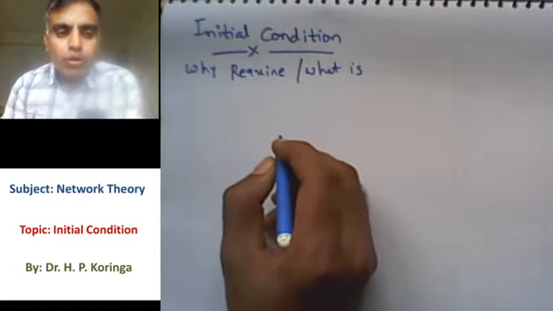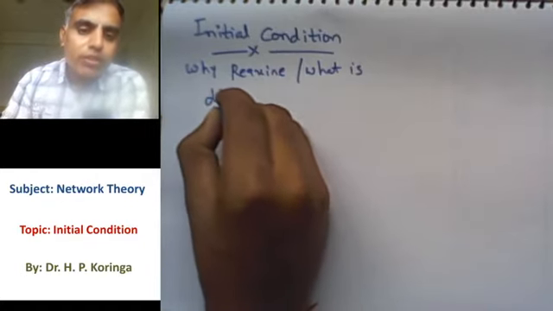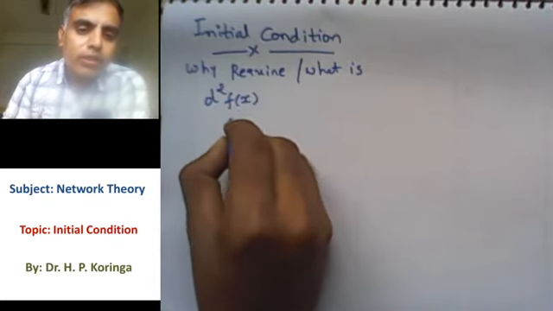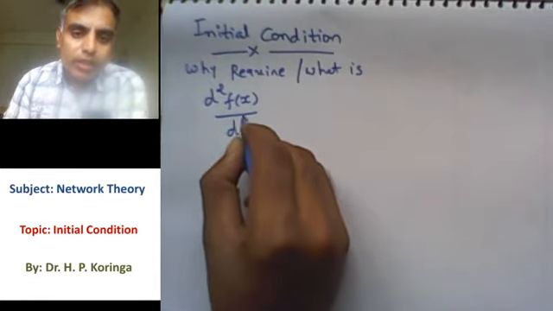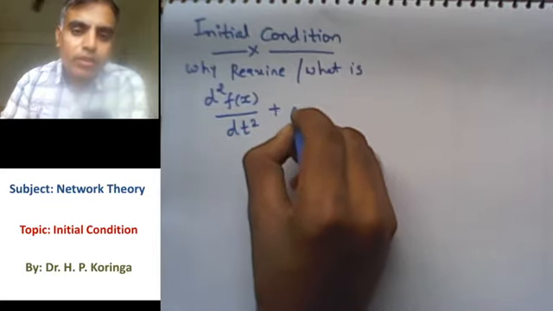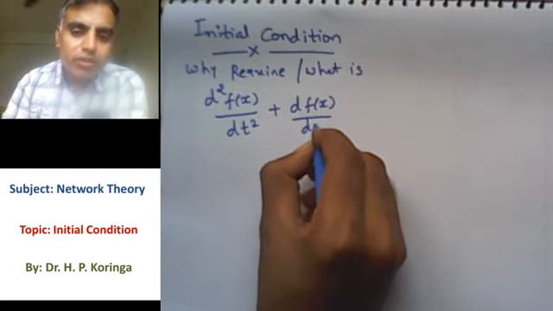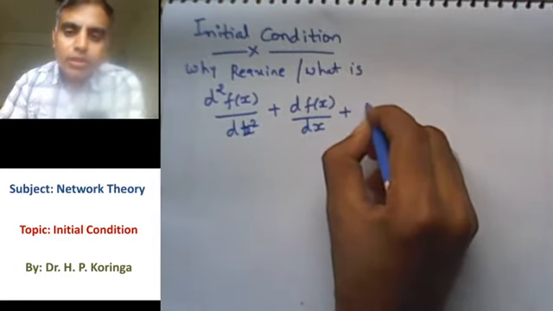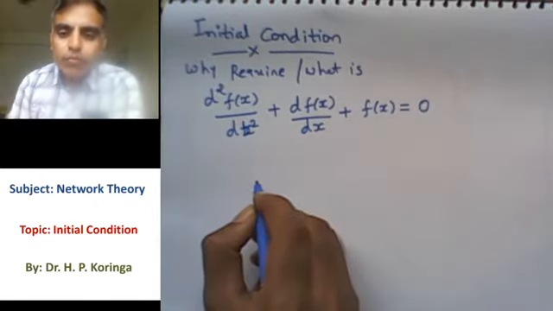So if you want to solve any differential equation, suppose I have a differential equation, d square f of x divided by dt square plus df of x divided by dt plus f of x is equal to 0, right?